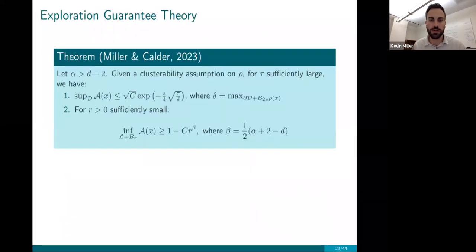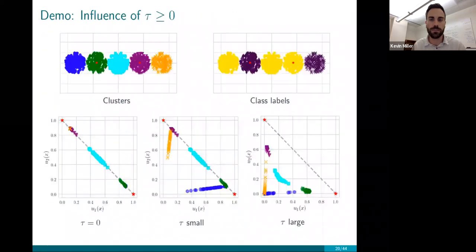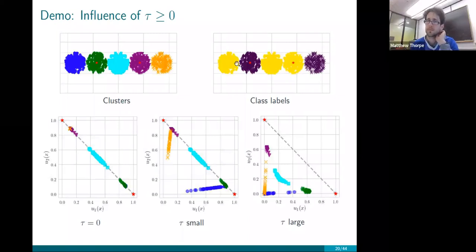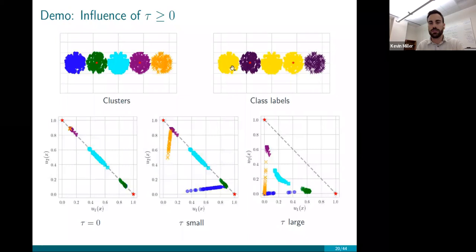So if I go back maybe to this case right here, once I've selected a point in the orange cluster and the blue cluster, and then once I've selected points in each one of the clusters, I really want to start sampling in between the clusters to identify the decision boundaries. And so what we saw in examples and tests here in lower dimensions, is that you needed to send tau to 0 to really be more efficient at, after exploring, getting down to the decision boundaries.